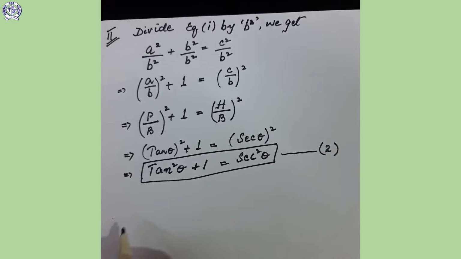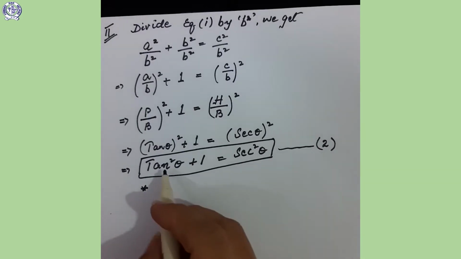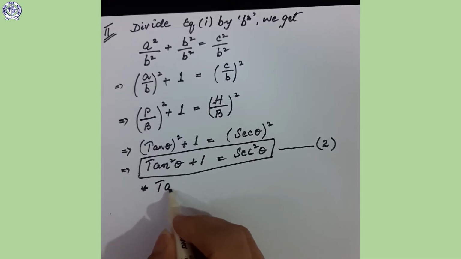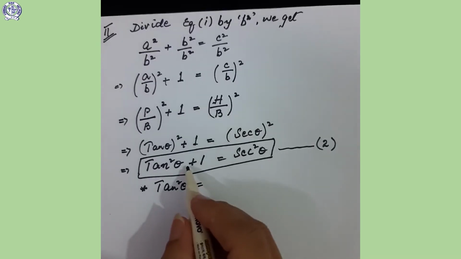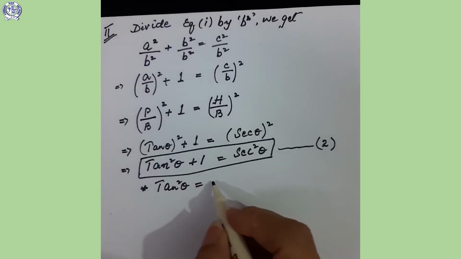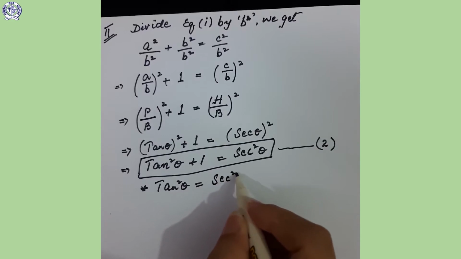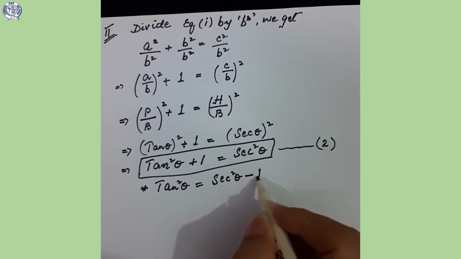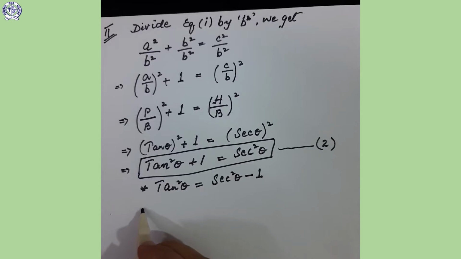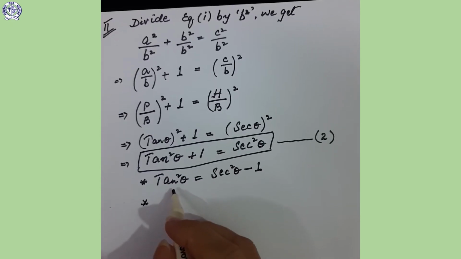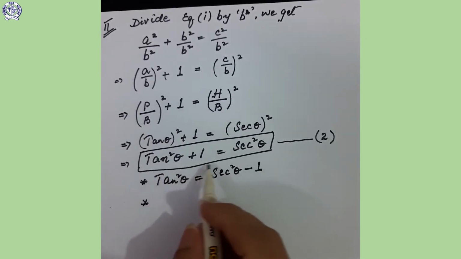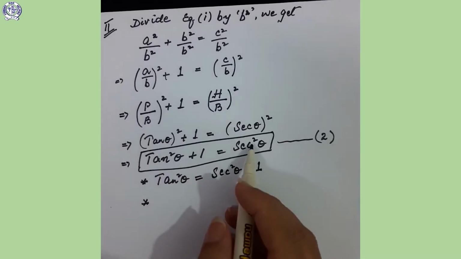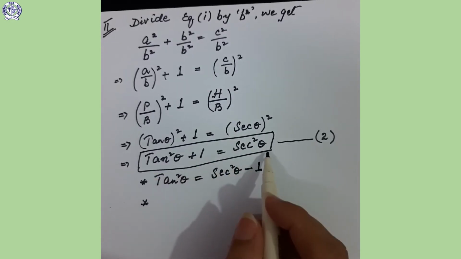Second identity, and you can make 2 more by shifting the terms. Tan square theta will remain as it is. Tan square theta equals 1 will go that side, plus will change into minus sign, sec square theta minus 1. And third formula, 1 will remain here, tan square theta will go that side, so sec square theta minus tan square theta.